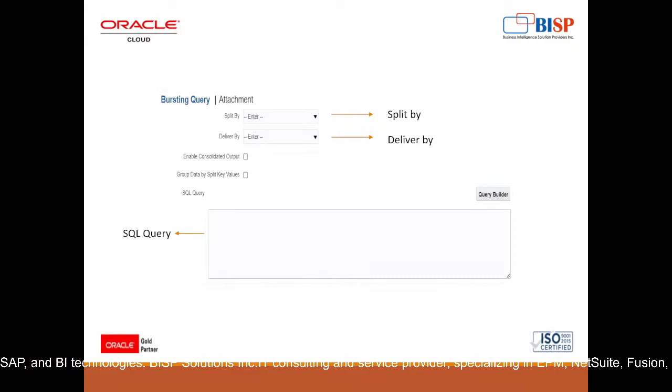And there is time zone. Time zone is the time zone to use for the report. Suppose you are staying in the US and you want to deliver a report to a certain person living in India. The time zone is different for the US, and different for India.